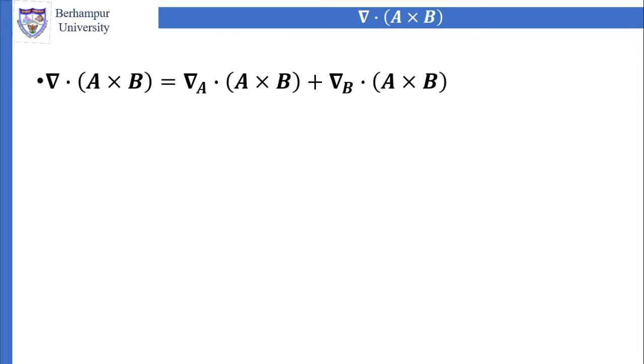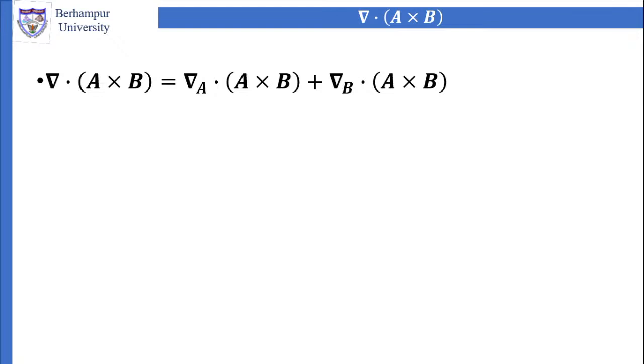So that will be equal to B dot del cross A, because when del operates on A and we are taking a dot product, if I take del dot A, that will become a scalar. A scalar cannot be cross multiplied with a vector. Therefore, the first term will be del cross A. As you know, we can interchange dot and cross.